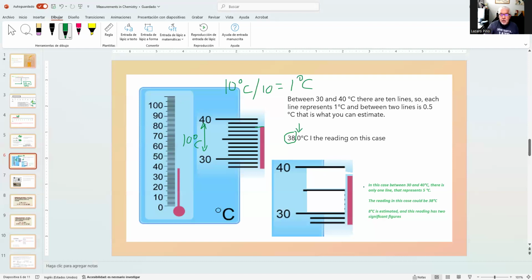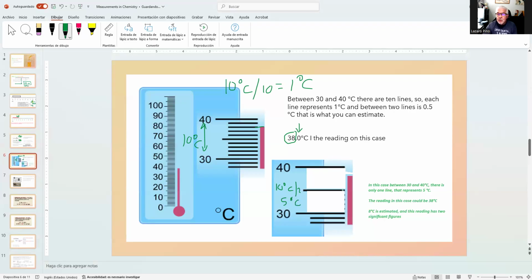But if you use, look, it's the same temperature, but in this case, the scale has only one line between the 10 Celsius degrees, then you will divide by 2. Every line represents 5 Celsius degrees.